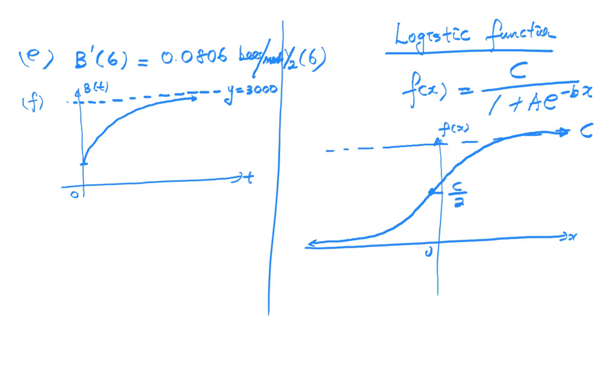But if I ask you, will the number of bees go beyond 3,000? Your answer will be no, because 3,000 is the upper limit. So you can straight away give me the answer without working through. Are you clear? So the two important functions, I think you have to jot them down.